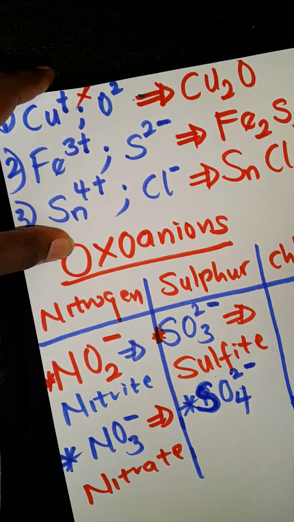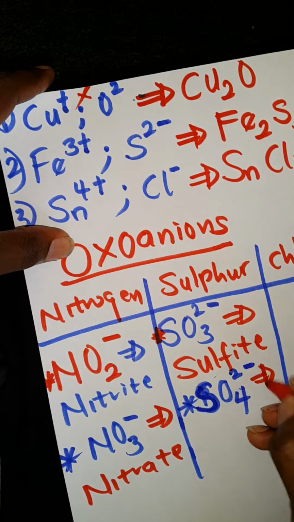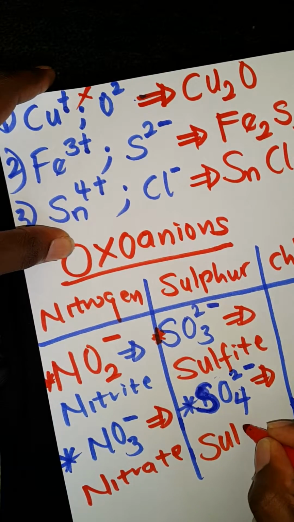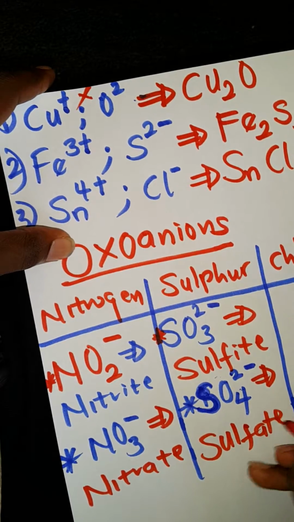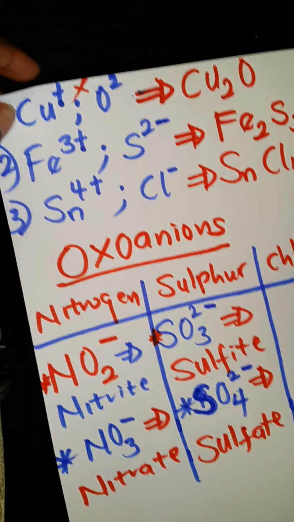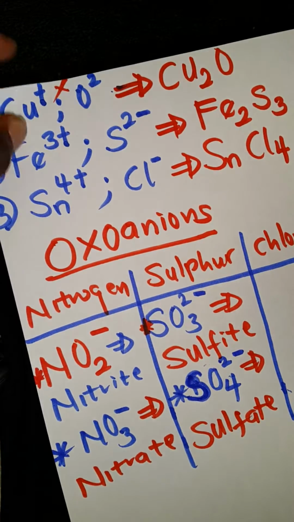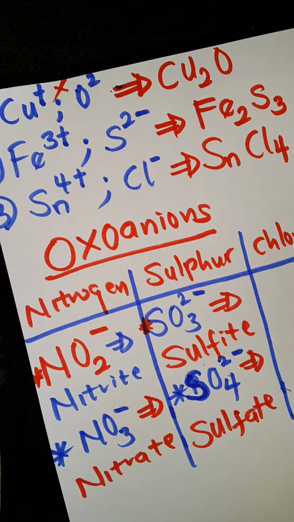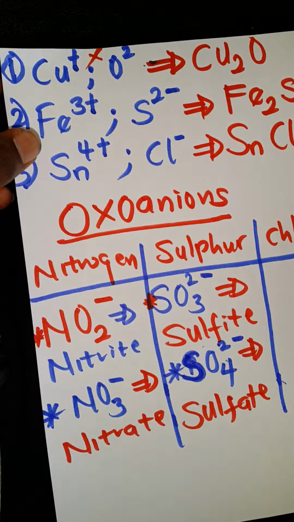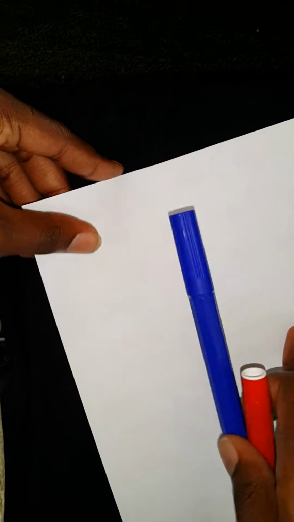This one is called sulfate. And for chlorine, it's somewhat complex, but it's also straightforward. You just have to know all this naming.